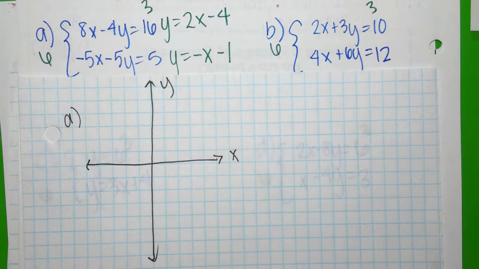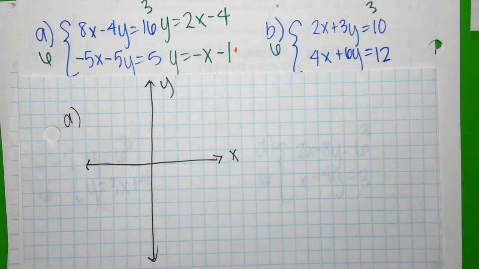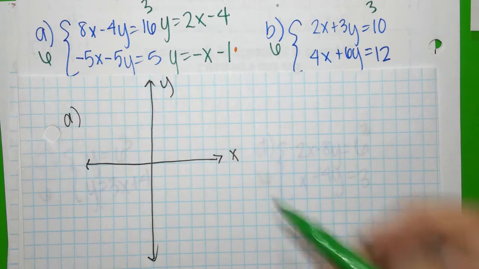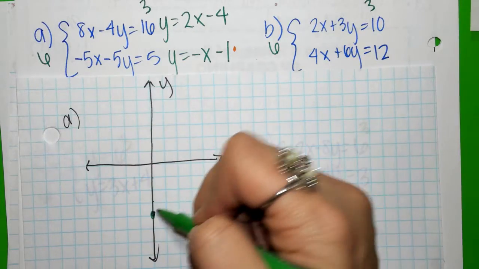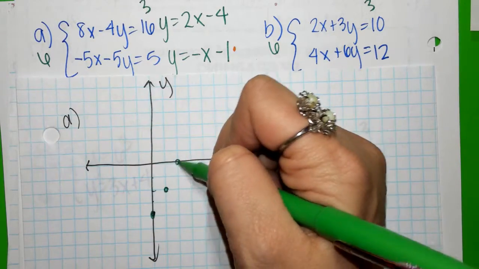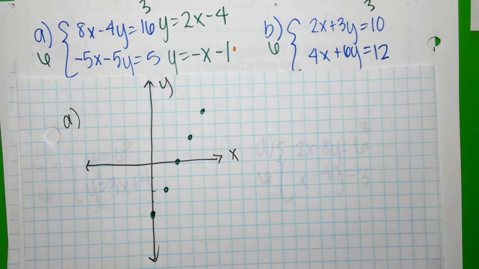I'm going to graph my top one in green and my bottom one in orange. For this one, the first thing we do is go down 4: 1, 2, 3, 4, put a dot. My slope is positive 2, so I go up 2, right 1, up 2, right 1, up 2, right 1, up 2, right 1.